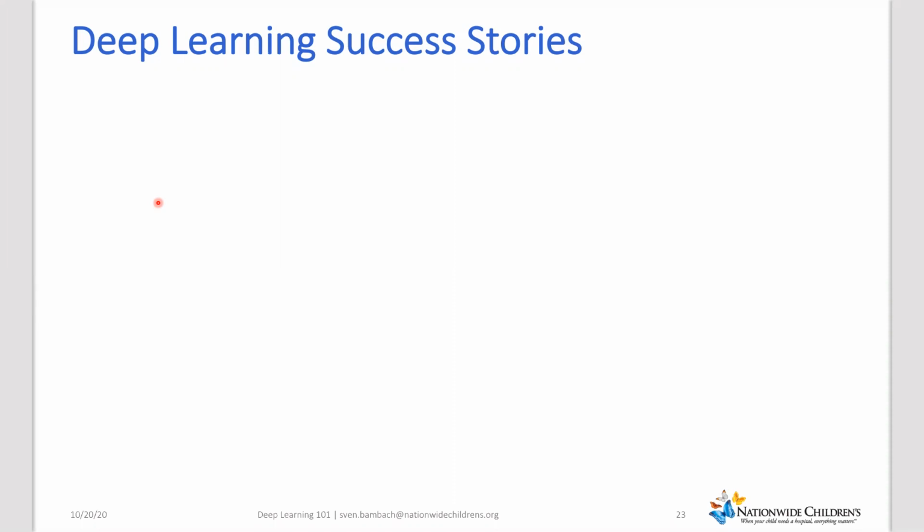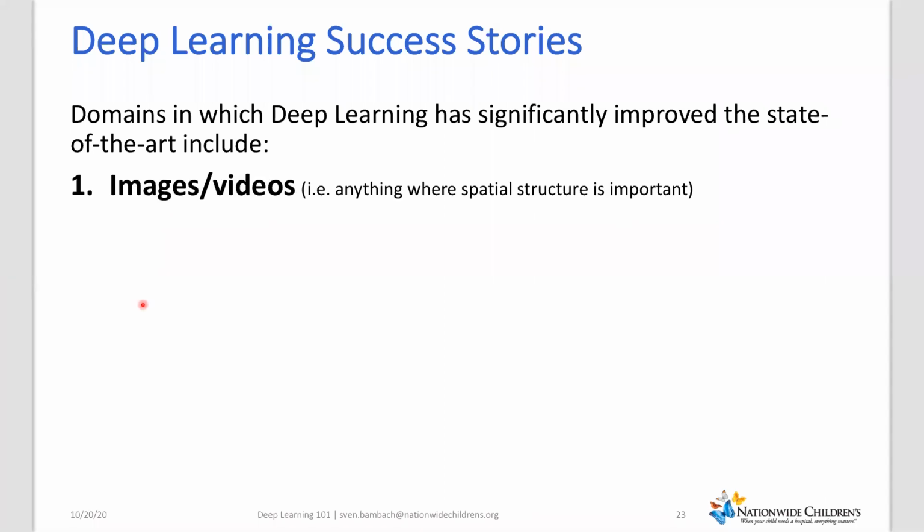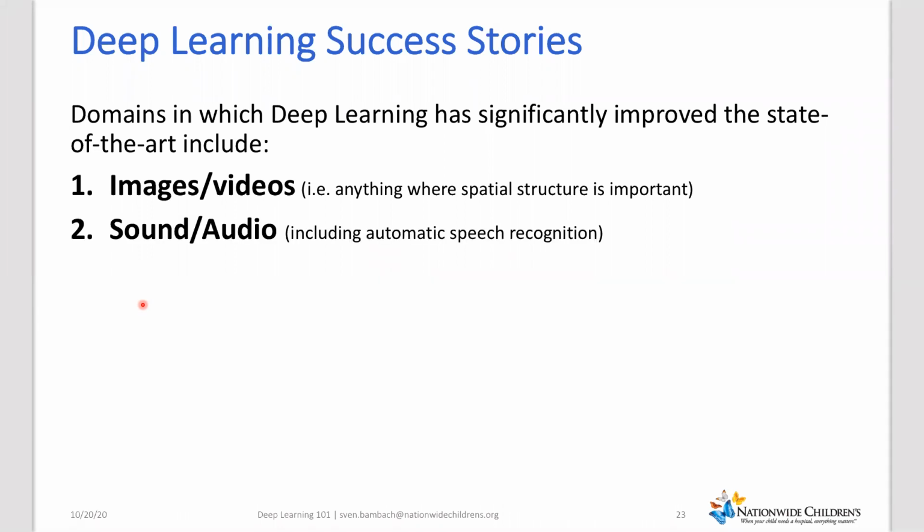This is my personal taste here, but I think the domains in which deep learning has proven to significantly improve the state of the art are three types of domains. One is images and videos. So basically anything where your data has spatial structure, and spatial structure is important, or maybe temporal structure is important. Sound and audio, like automatic speech recognition, usually for the same reasons.